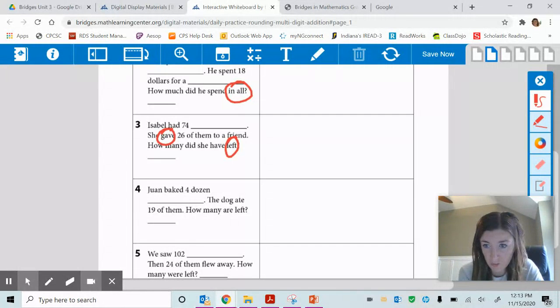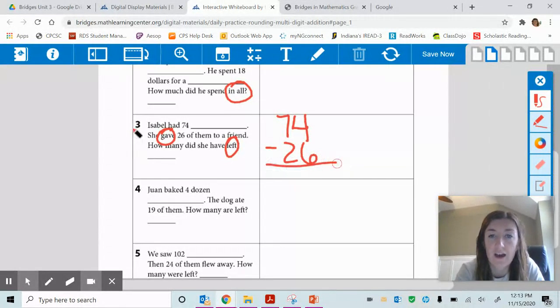If you said subtraction, you were correct. So you're going to take 74 minus 26. Maybe she had 74 bouncy balls or 74 pieces of Halloween candy. Anything you want, you get to make it up. But then she gives away, so we know that that's subtraction.